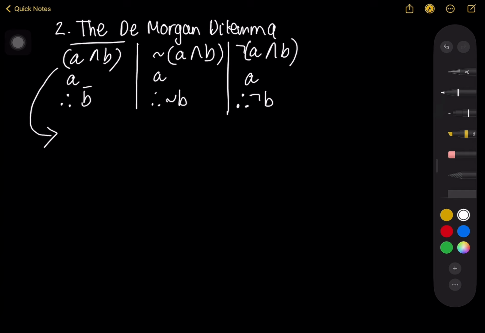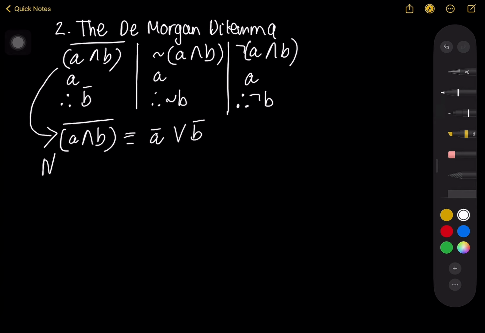By De Morgan's law, not (A and B) is logically equivalent to not A or not B. That's our first premise.